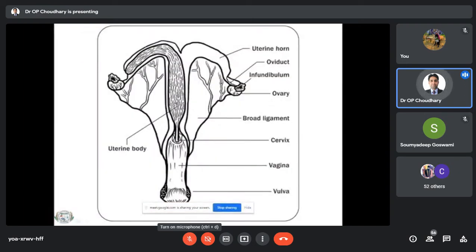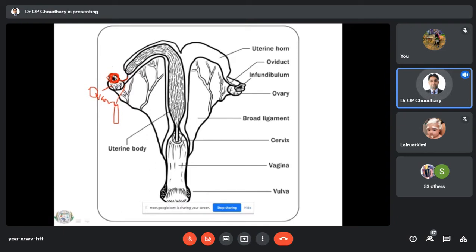Then you can see here, in many books you will find this diagram. These are the ovaries, and their main function is to produce the ovum by the process of oogenesis, and the produced ovum is released into the connected fimbriated part of the uterine tube.